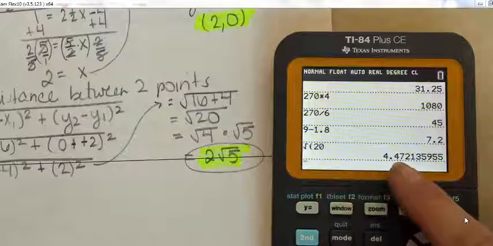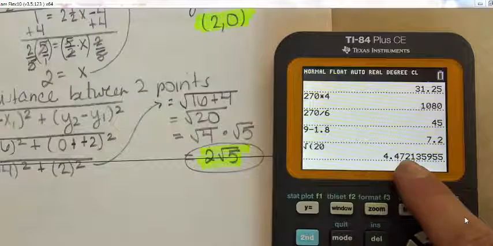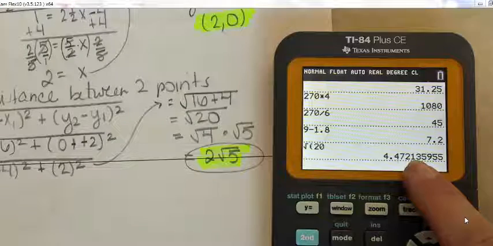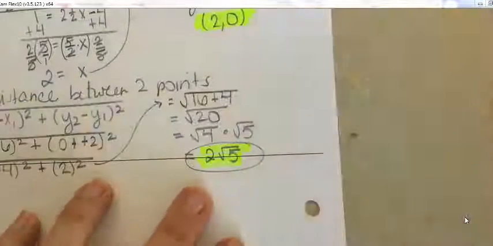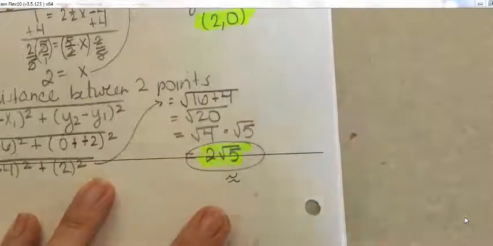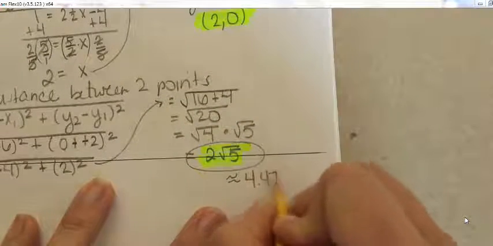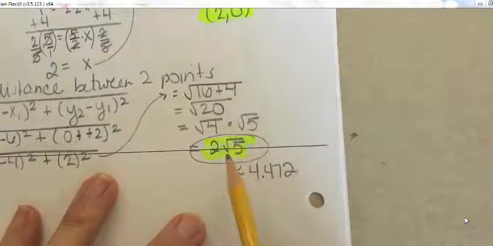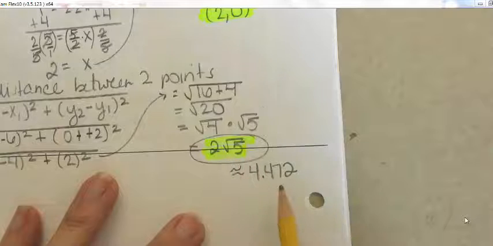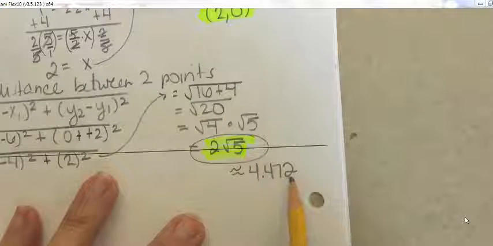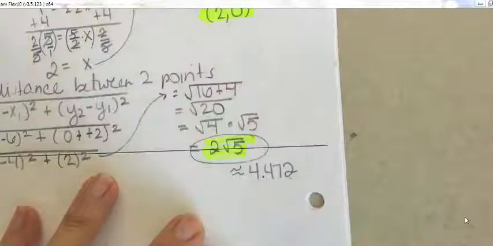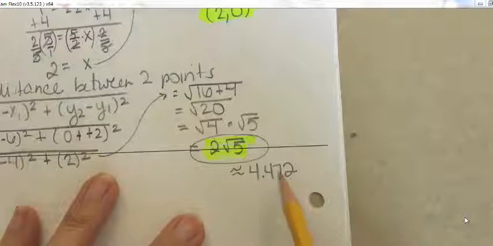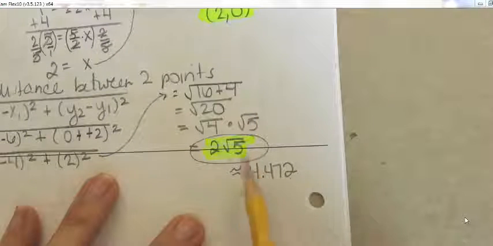So 4.47, and I keep it at 2 because the number next to it is not 5 or greater. Okay, so I can also say that this is approximately 4.472. That would also be acceptable, but if I say in simplest form, if I say round to the nearest thousandth, then it would be this. And your book will probably give you answers like this, and I'm going to expect answers like this, so be able to do it both ways.